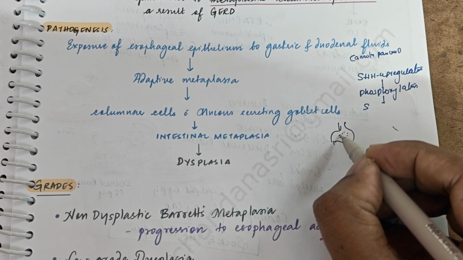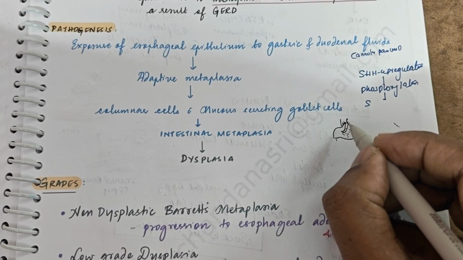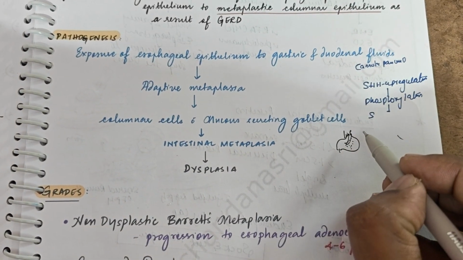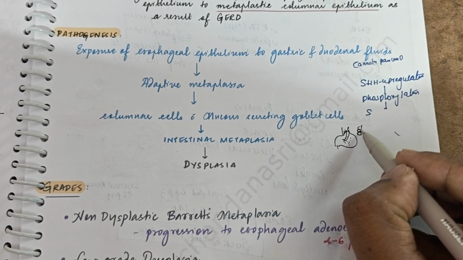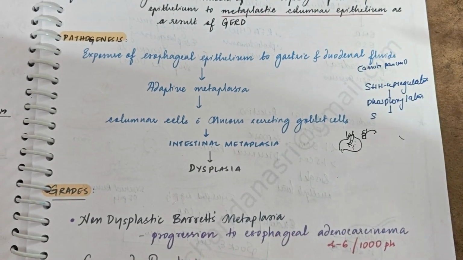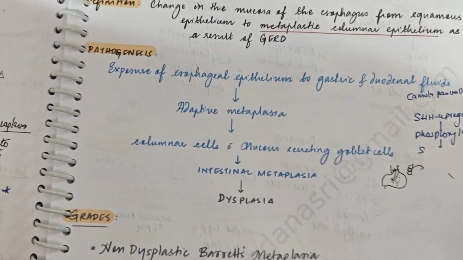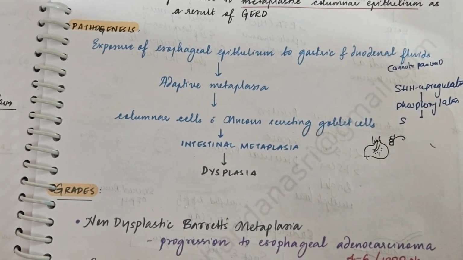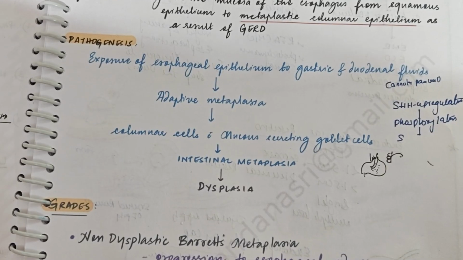Now, because of the reflux of the gastric contents into the esophagus, the squamous epithelium undergoes metaplasia. Metaplasia is just a change in the epithelium, from squamous epithelium to columnar.